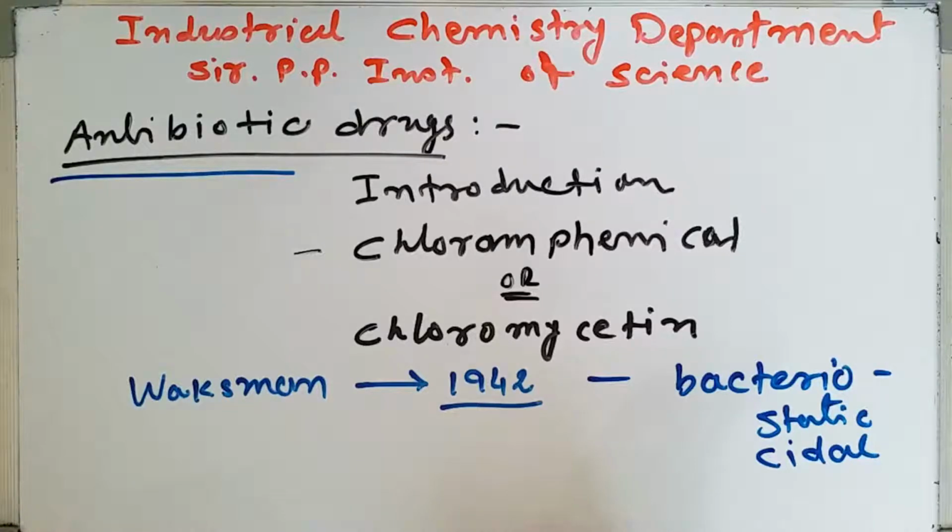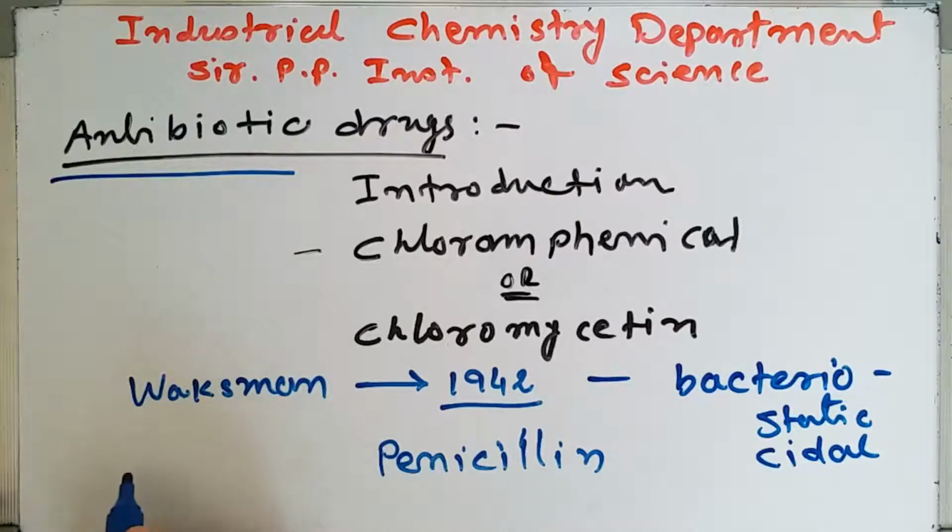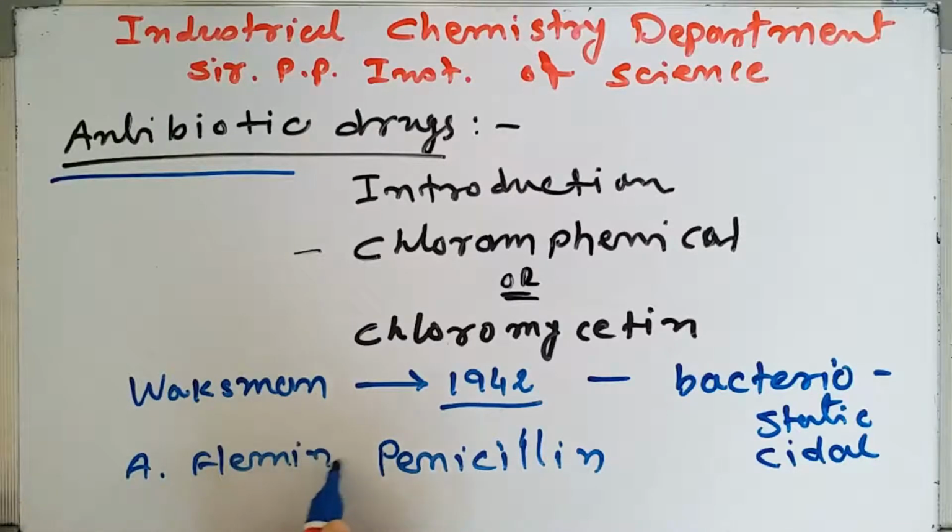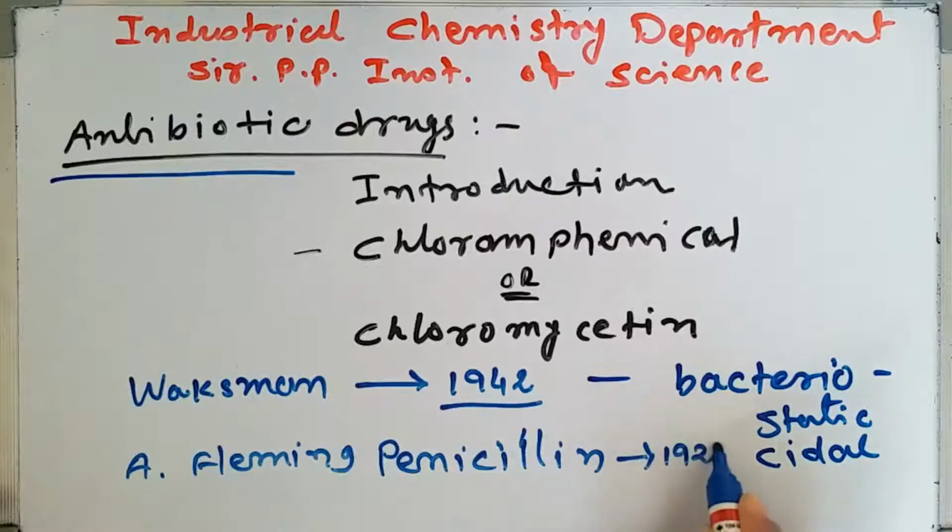The first antibiotic to be discovered was penicillin, a well-known antibiotic drug, and it was discovered by Alexander Fleming in 1929.